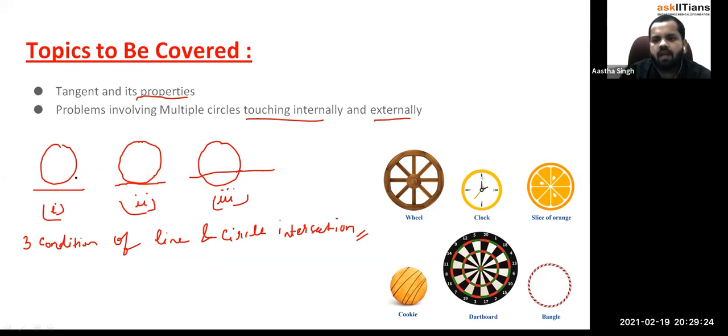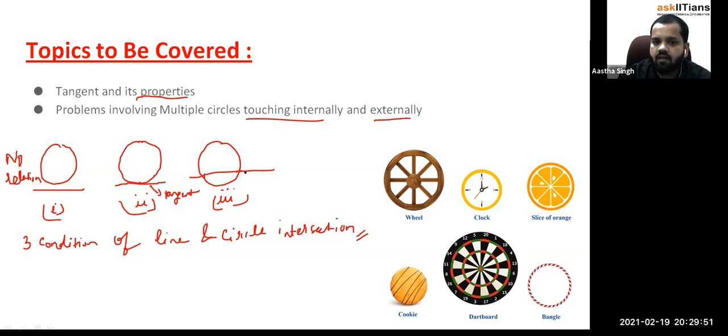In the first case, if the line does not intersect your circle, then these are independent bodies, there will be no relation, because both are different bodies. If your line touches the circle at a single point, then it is known as a tangent.